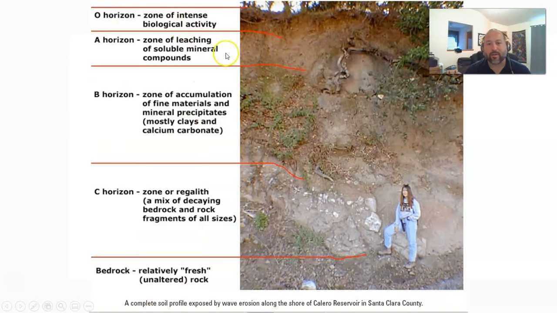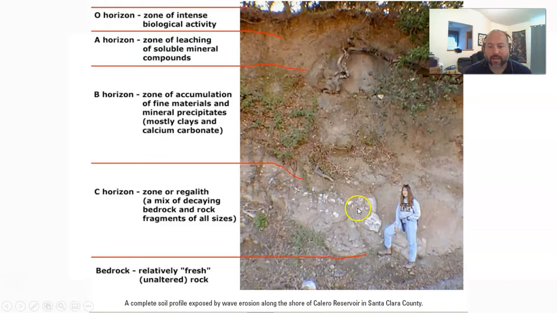Another look at it. In this soil profile, which is up in Santa Clara County, we've got our O horizon way up top. We then have our A horizon, and a B horizon, a subsoil.